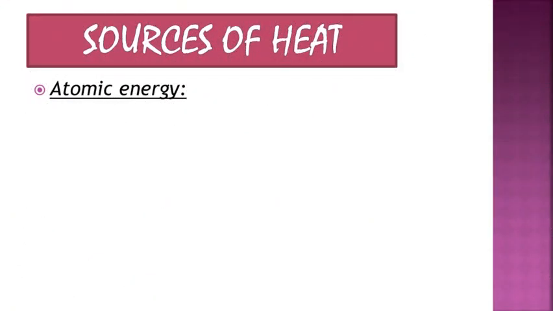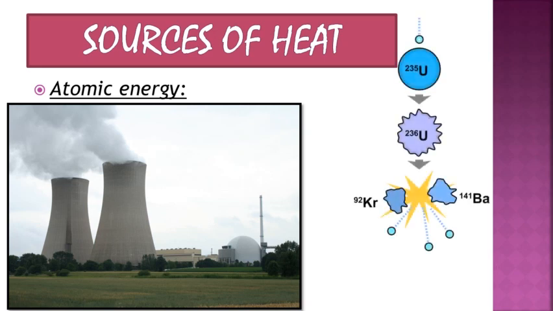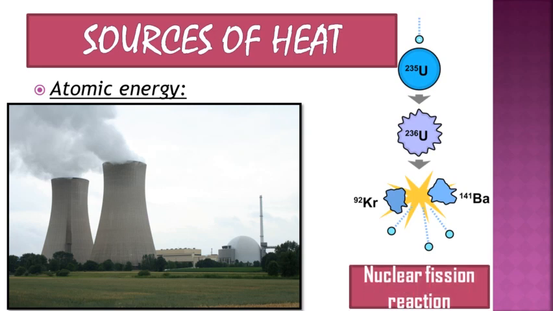Next source of heat is atomic energy. A huge amount of heat is produced in a very short time when the nuclei of some elements like uranium, thorium, etc. undergo fission, and this is used in atomic energy. So student, in the atomic power plant, what happens?